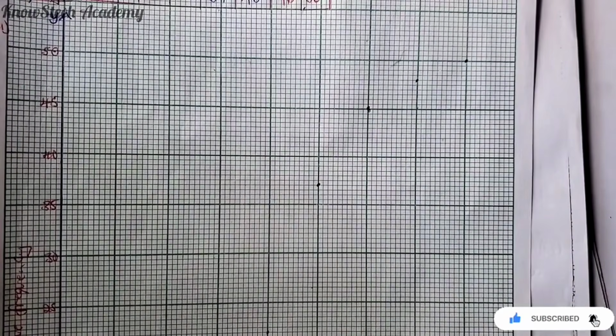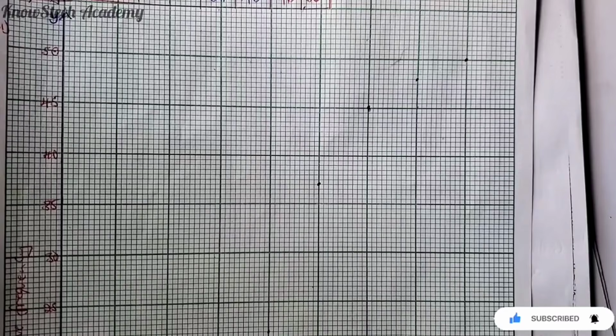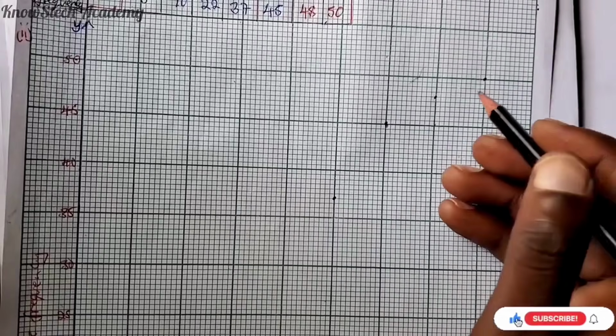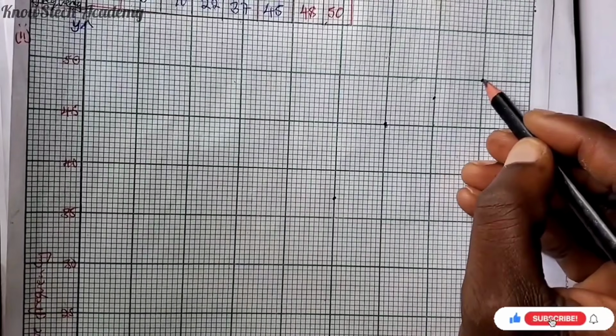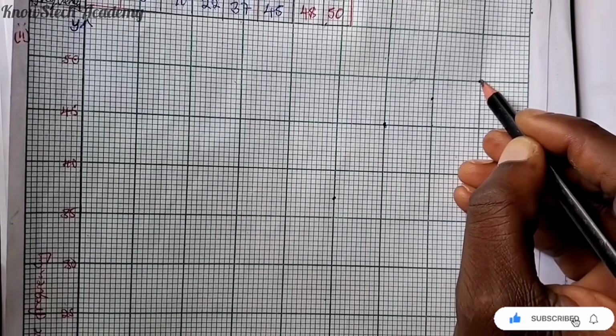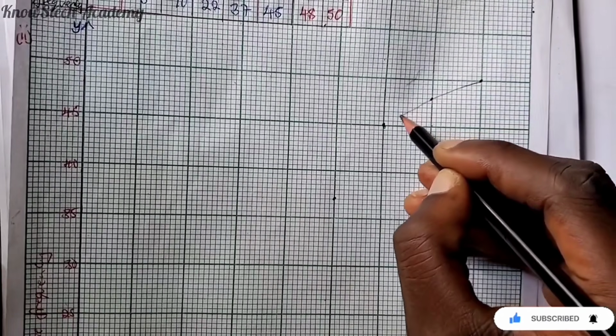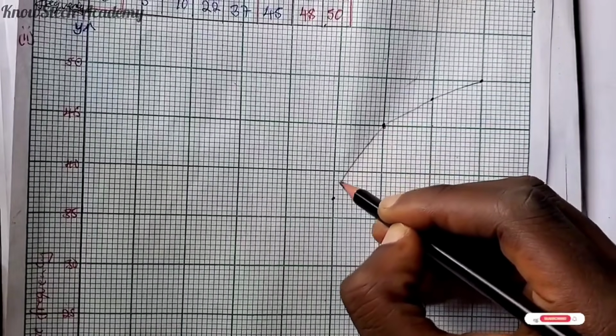I'm using a pen because a pencil may not be visible to you. But I will start, so let's proceed anyway. From this point, using freehand, not a ruler, like this.